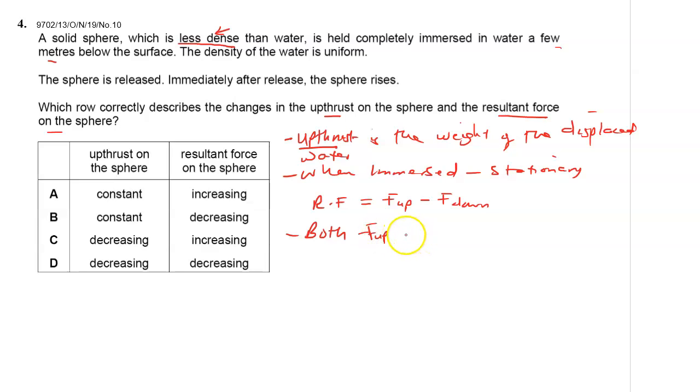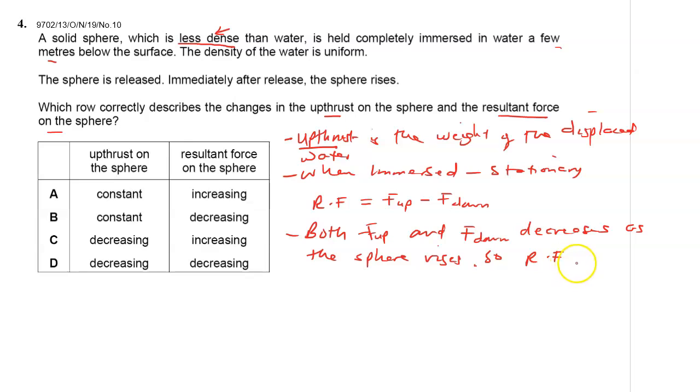So the upward force will decrease as the sphere rises. So the upward force and the downward force decrease as the sphere rises, and so the resultant force will also decrease.